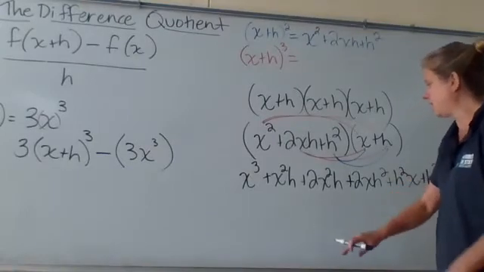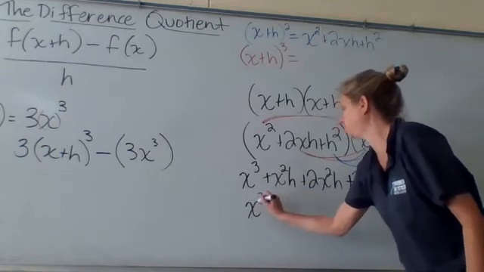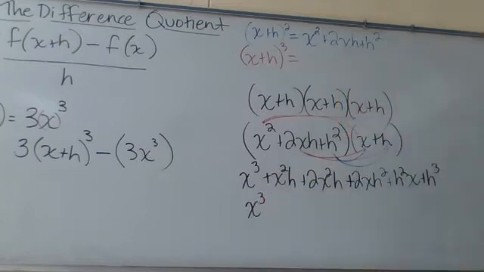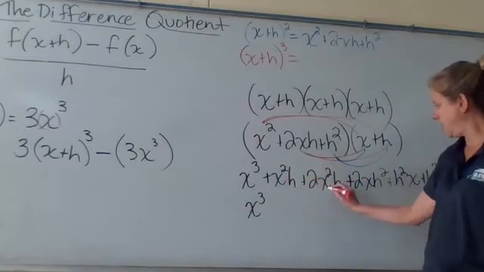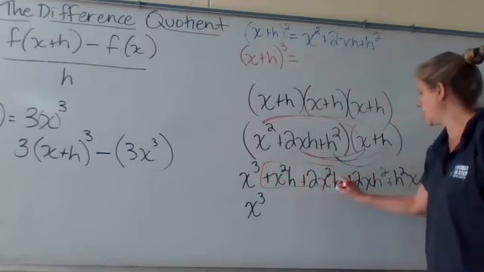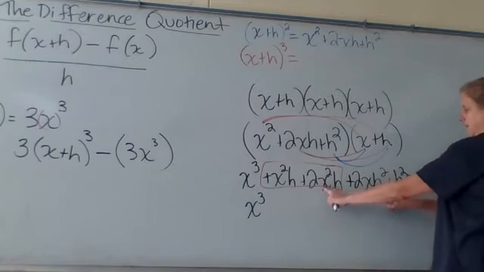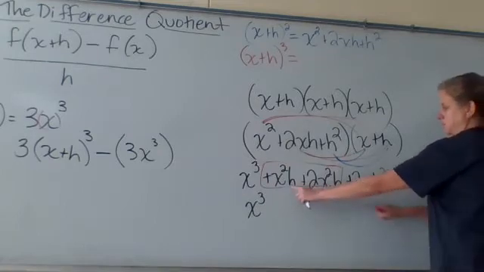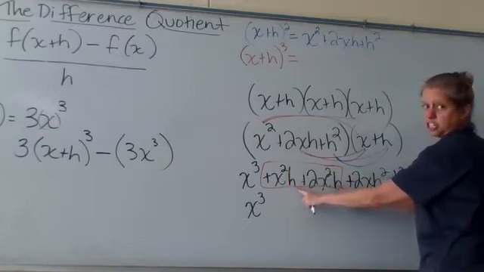So I'm putting together like terms. There's no other x cubes. Let's see. Here's an x squared h, and this term has x squared h. These are like terms that I can put together. These do not look like this, right? What is squared in both of these terms? The x is squared, but the h is not.